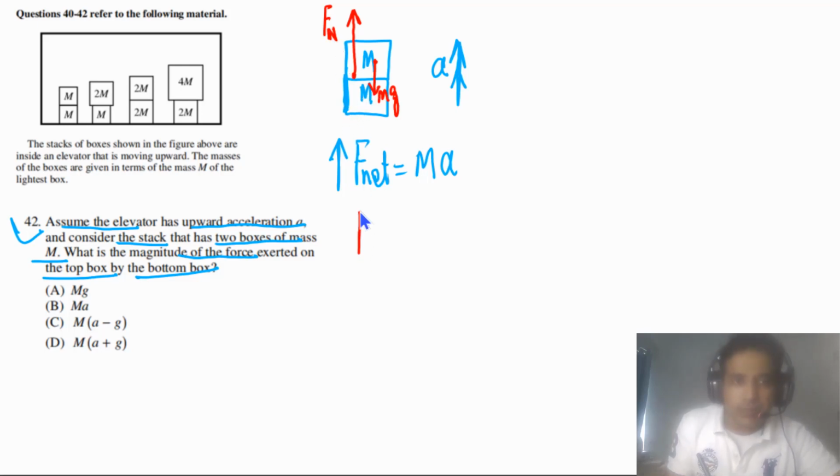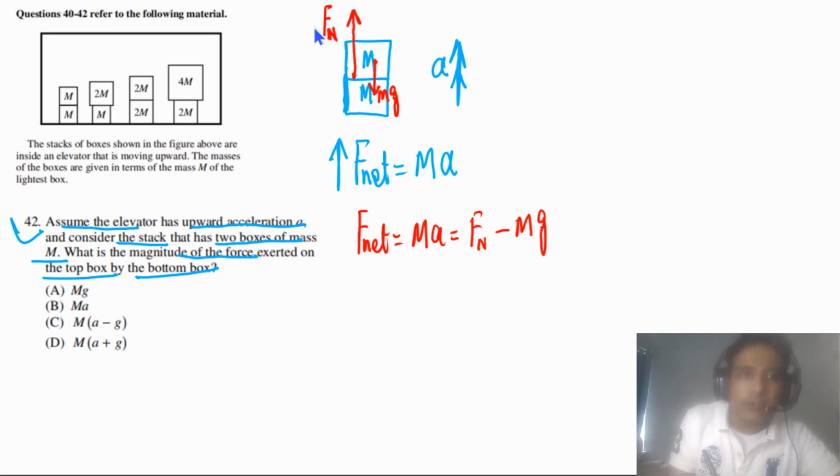So in this case, F net is equal to ma, and this has to be equal to Fn minus mg, but we need to find the value of Fn. So Fn in this case, we can simply write, has to be equal to ma plus mg.